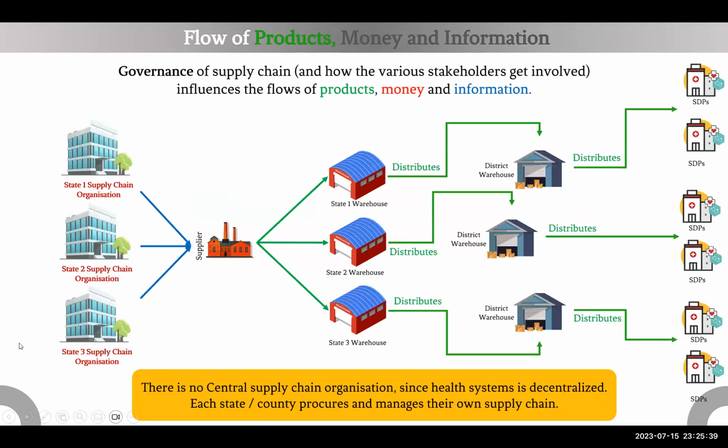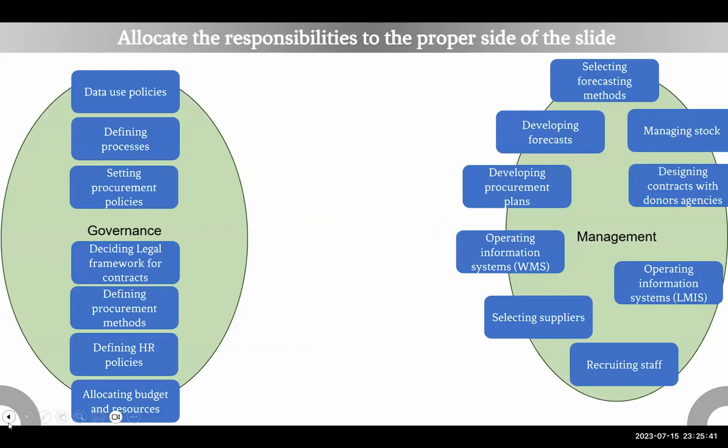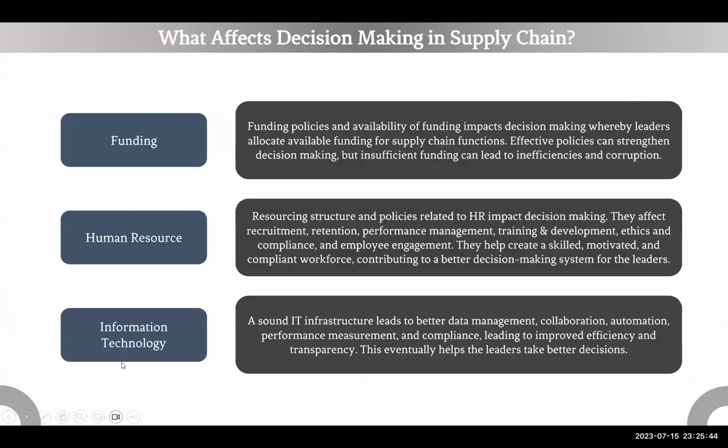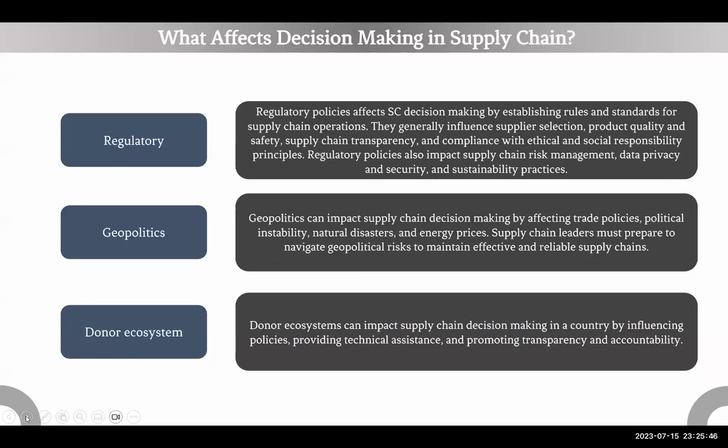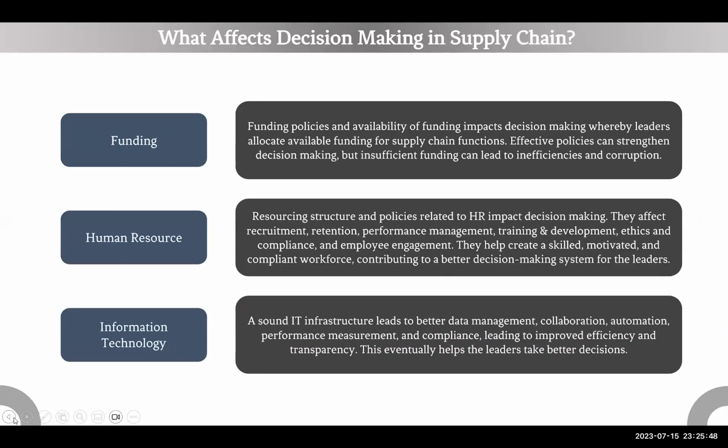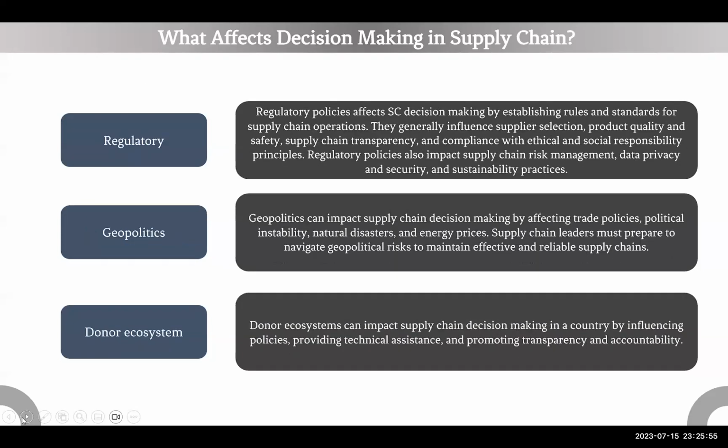So when Madam explained these slides, all these are issues related to governance, like funding, resource allocation, human resources, what kind of information technology systems to use, how regulatory is involved within supply chain decisions, how to manage geopolitics, stakeholders, donors. So all these are governance issues, which impact or affect supply chain decisions.